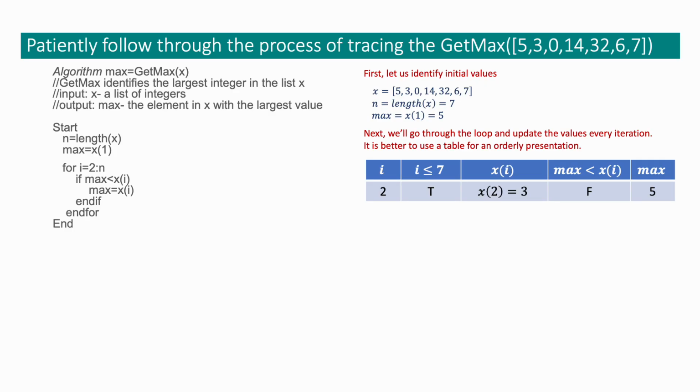Now the first line compares max and x of I. Since max is 5 and it is greater than x of I, which is 3, we skip the body of the if-then statement. This means that the value of max is preserved, or unchanged. So we increment I.